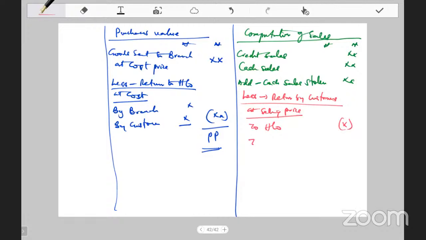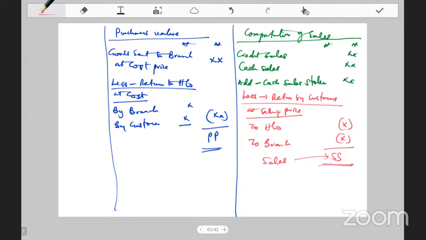You deduct to branch. Whatever value you have will be referred to as your sales. And that is the end of branch selling price method.